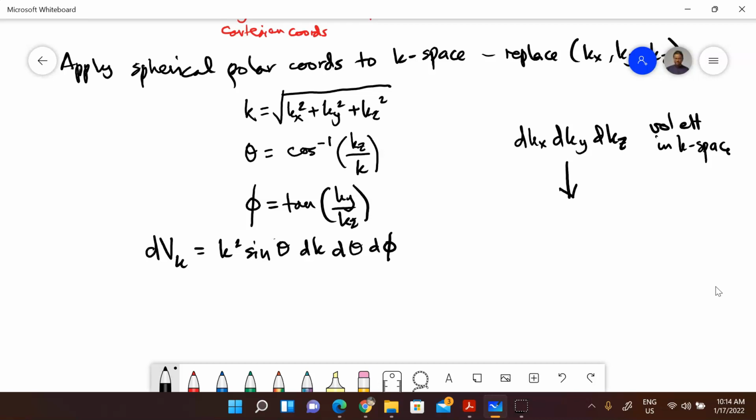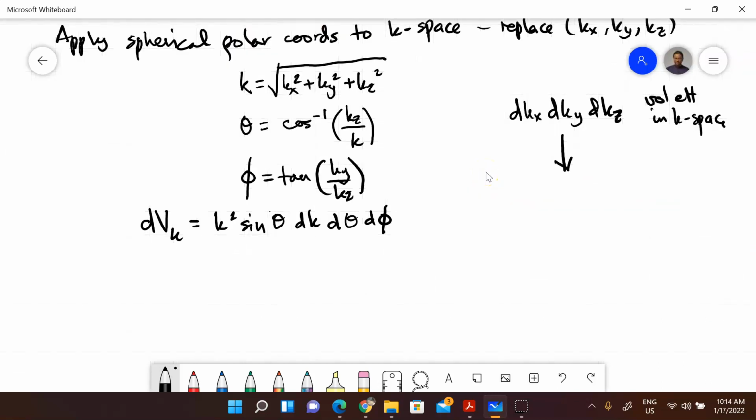Now essentially what we're going to do, before that, let us remember we need to consider the differential, because the volume of the k space doesn't tell you about the states.